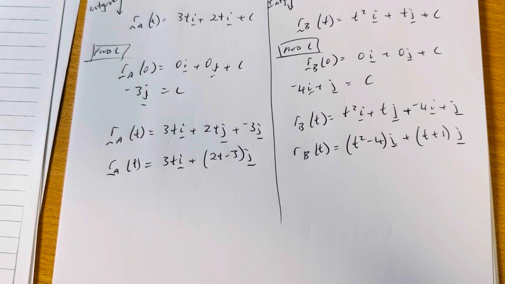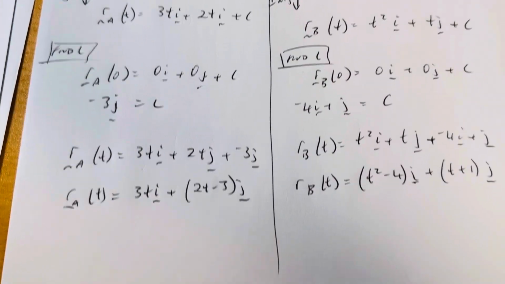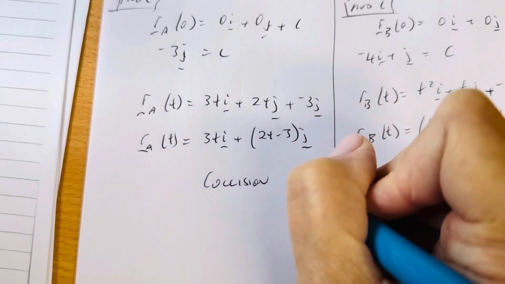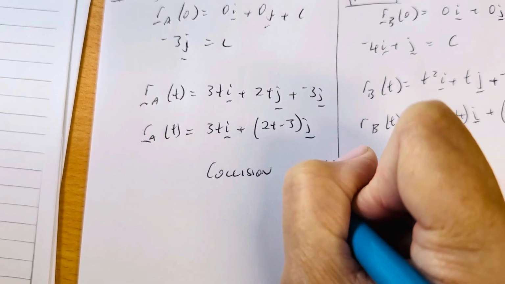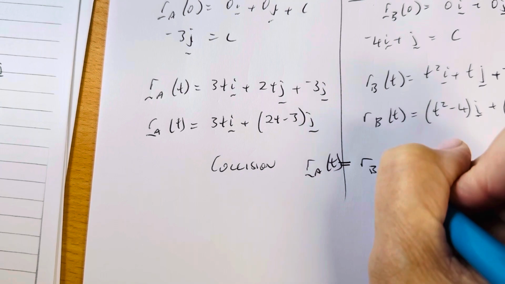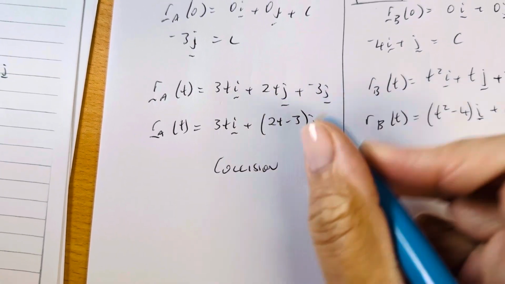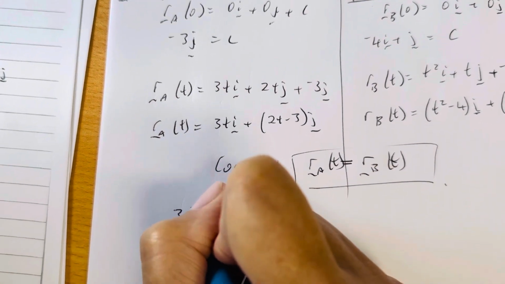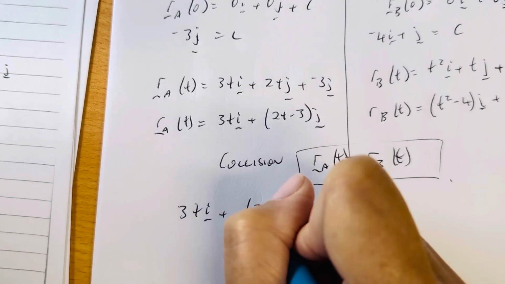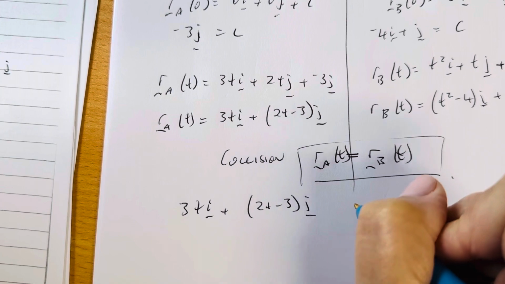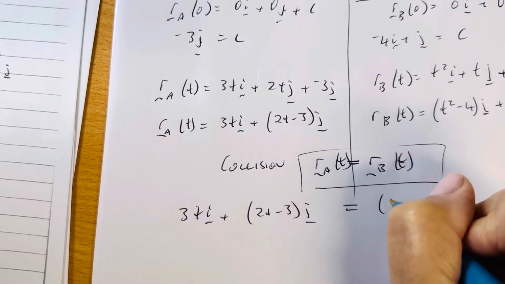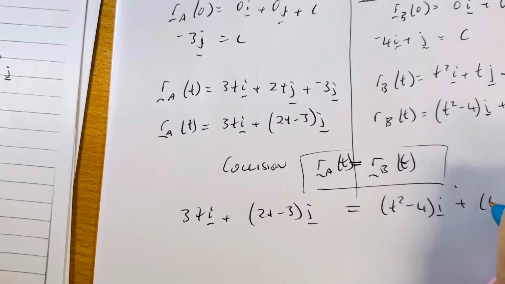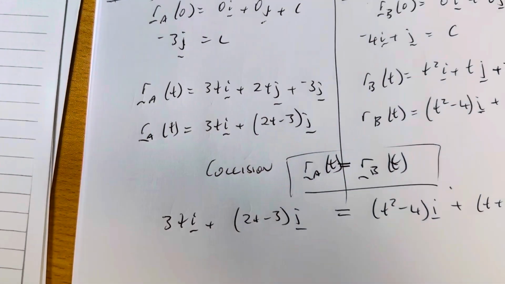So we now have the position vectors for both A and B. For a collision, RAT has to equal RBT. So 3ti plus (2t minus 3)j has to equal (t squared minus 4)i plus (t plus 1)j.